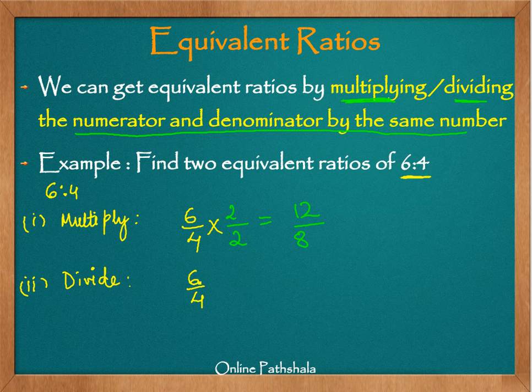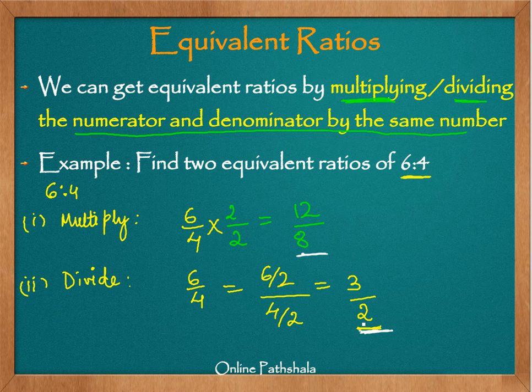I can see that 6 and 4 can both be divided by 2. So we divide 6 by 2, and 4 is also divided by 2. 6 by 2 gives me 3, and 4 by 2 gives me 2. So this is another ratio. The two equivalent ratios that we found for 6 by 4 are 12 by 8 and 3 by 2.